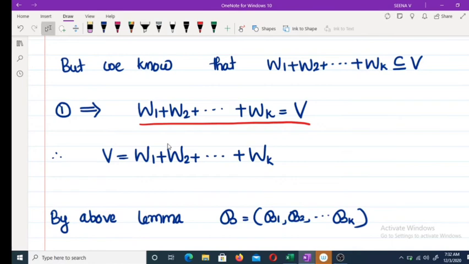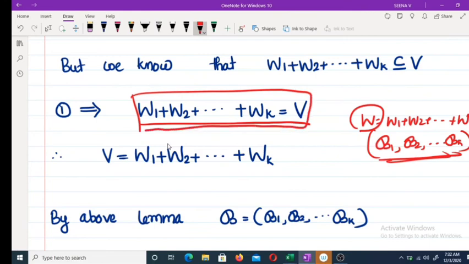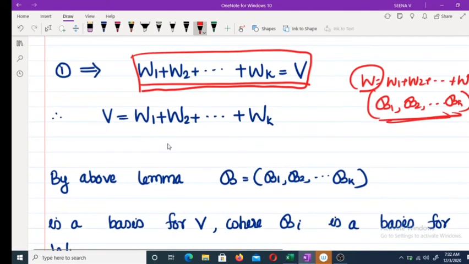In the proof of the lemma, we have already proved that if W is equal to W1 plus W2 plus etc. plus Wk, and B1, B2, etc., Bk are bases for W1, W2, etc., Wk, then this set forms a basis for W. So here, using the above lemma, B equal to B1, B2, etc., Bk, where Bi is a basis for Wi, forms a basis for V.